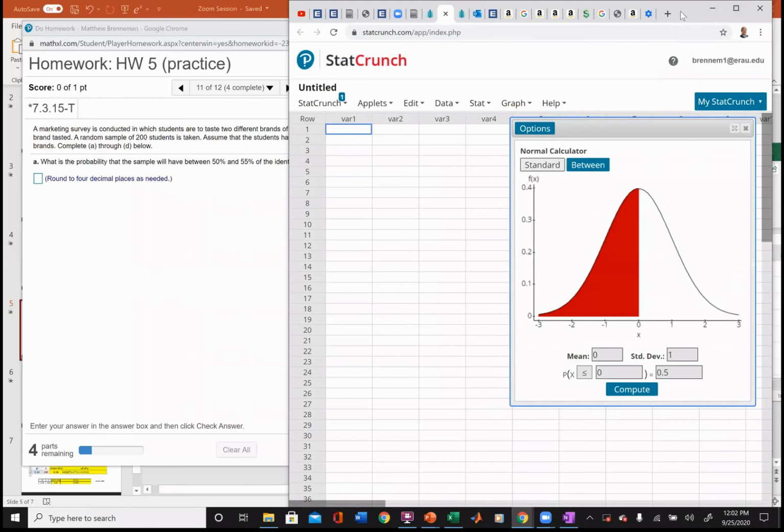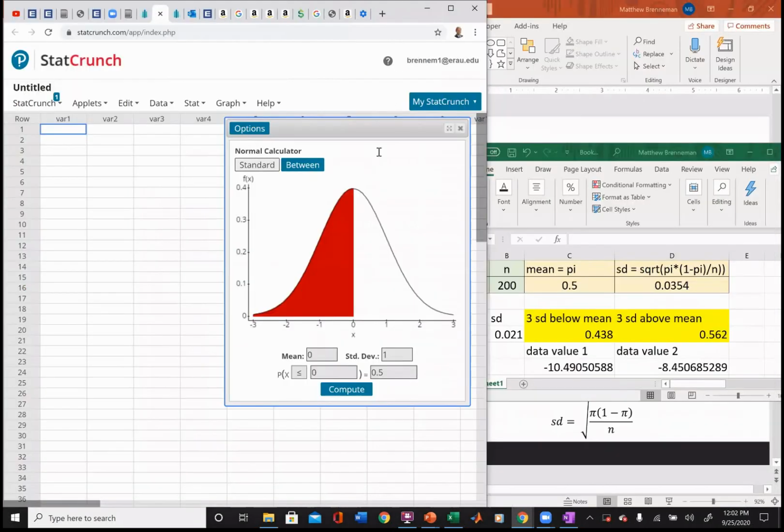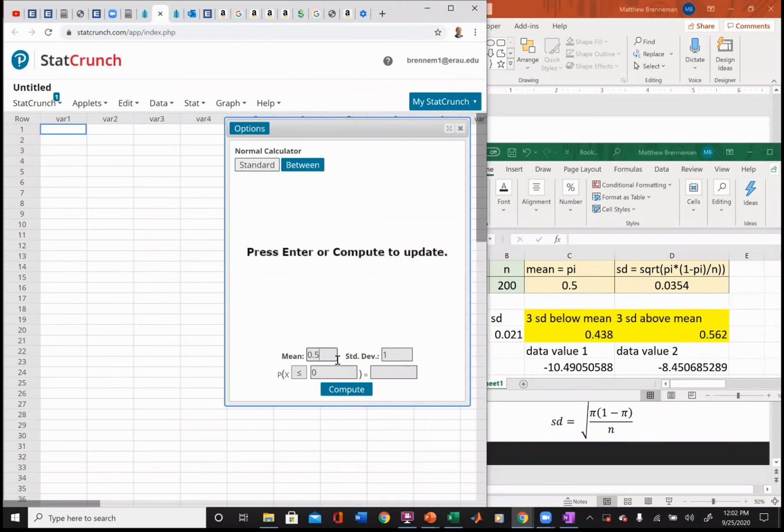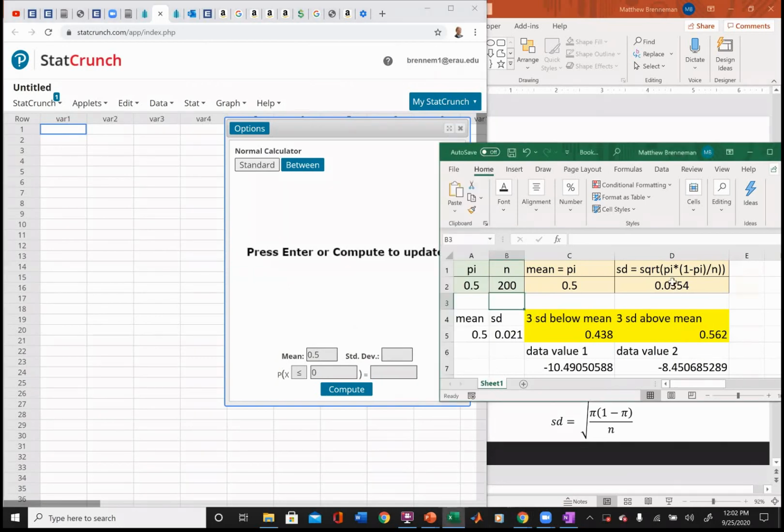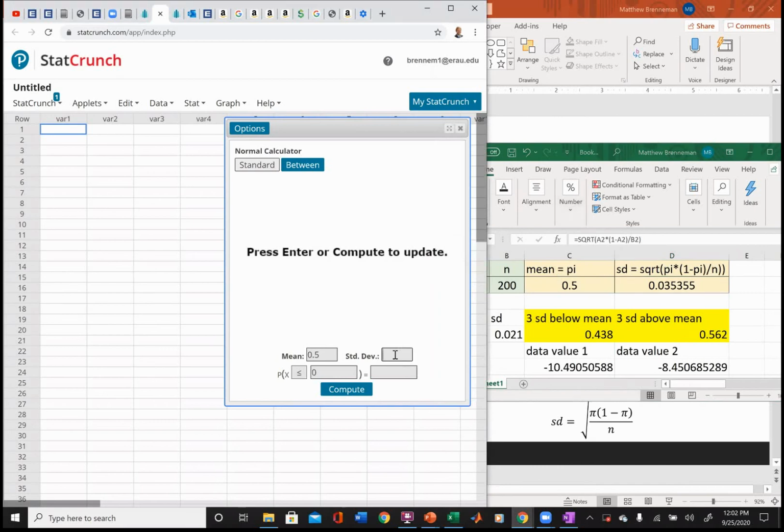So if I go over to here, my mean is 0.5 and my standard deviation. And sometimes it helps to use more than 4 decimal places. So sometimes it can be a little sensitive. So I'm going to actually increase it to 6 just to be careful, okay? So make sure I get it right, 0.035355.